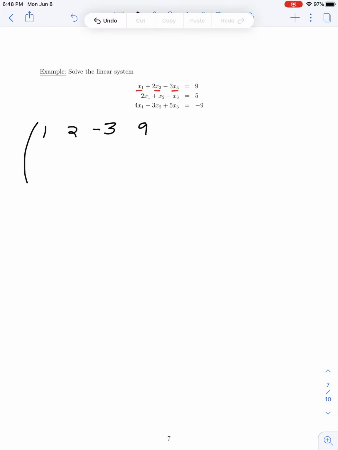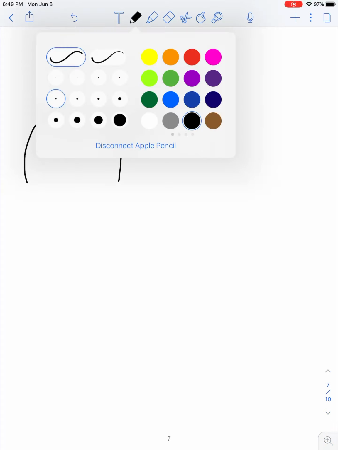My personal preference would be to separate those entries by a vertical bar. I can think about this vertical bar as representing the equals sign in my equation, and each of these columns is the coefficient for my variables x1, x2, x3, and then some constant b. So let's keep writing out our system.